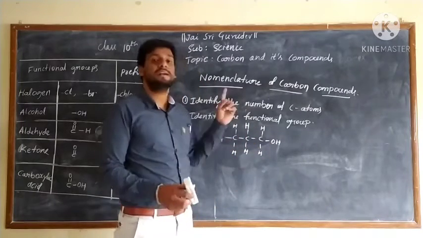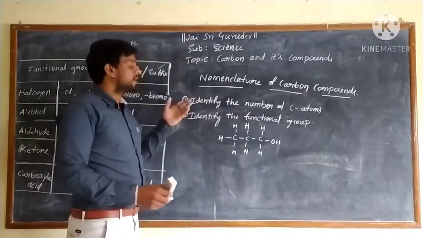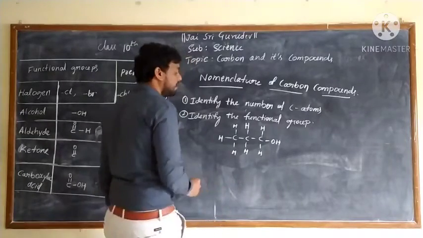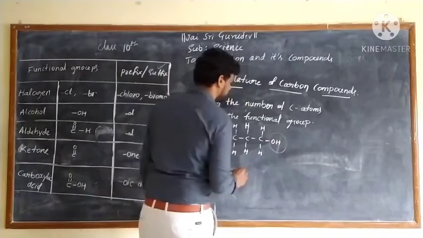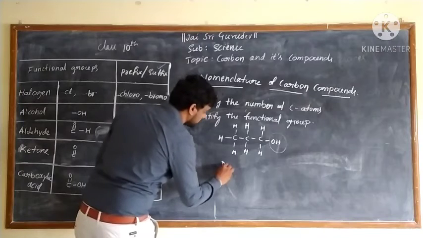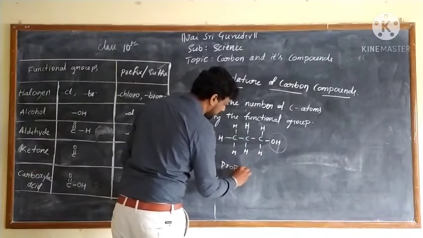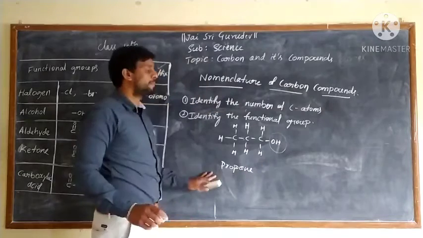Now let us try to name this compound. If the OH is replaced, then count the carbon atoms: 1, 2, 3. So it is propane, first propane.